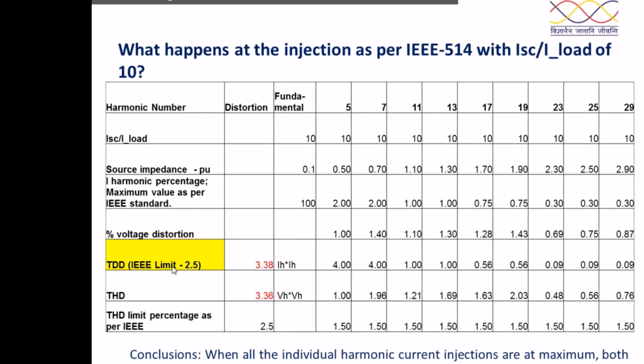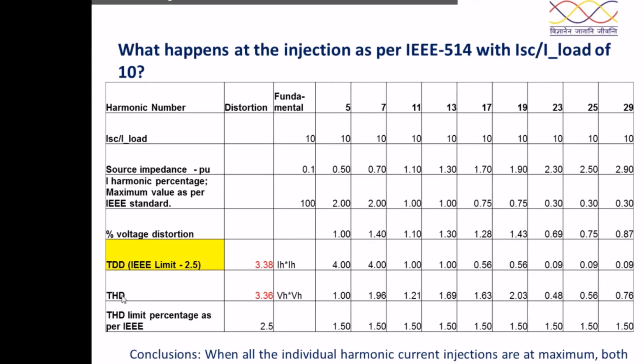The total demand distortion is the square root of IH5 squared plus IH7 squared plus IH11 squared, and so on, which corresponds to 3.38. What is acceptable as per the IEEE limit? The acceptable limit is 2.5. Therefore, if all the individual current distortions are at maximum corresponding to ISC by I load of 10, then the current distortion will be more than the acceptable IEEE limit.